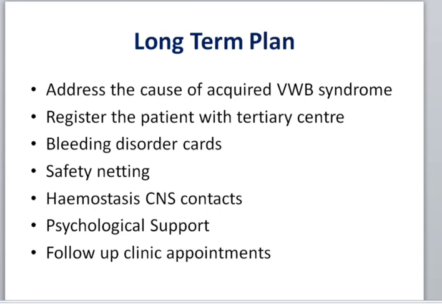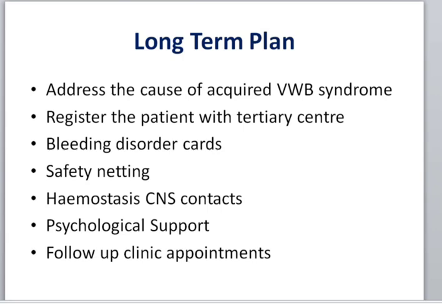But if you see the paper, How I Treat von Willebrand syndrome, they have mentioned that if the patient is coming to the hospital again and again with bleeding episodes because of acquired von Willebrand syndrome secondary to MGUS, then you need to give some type of immunosuppression to this patient to treat MGUS.